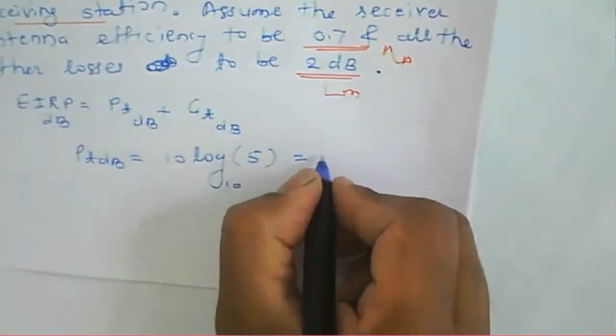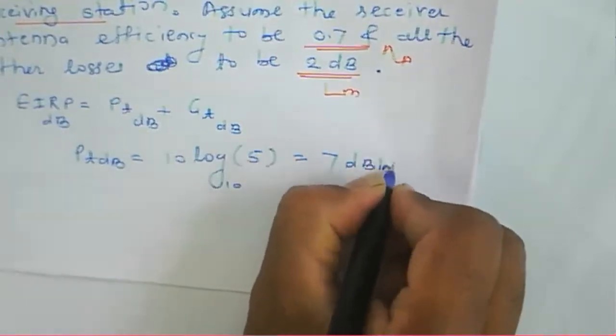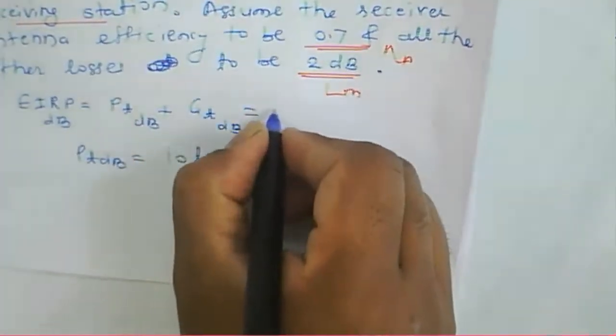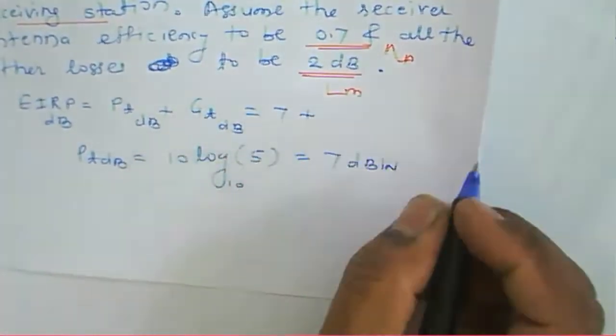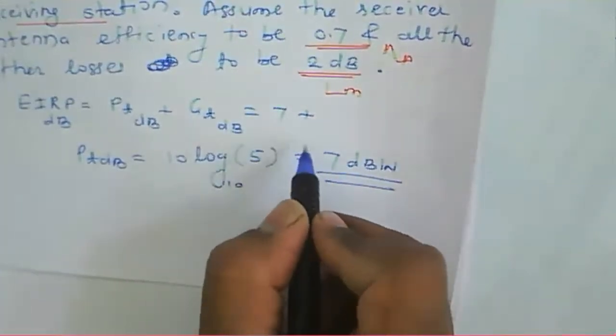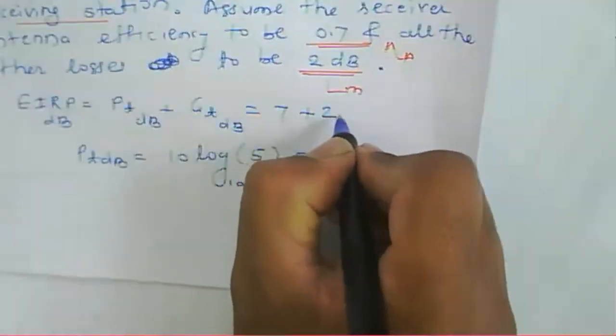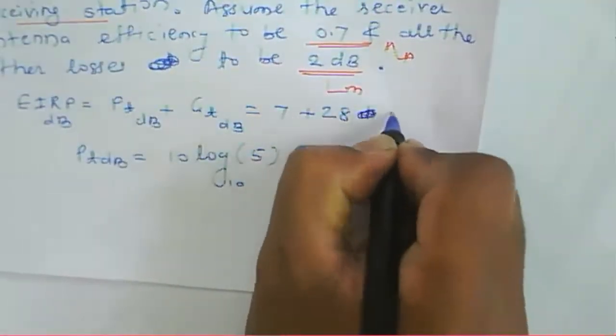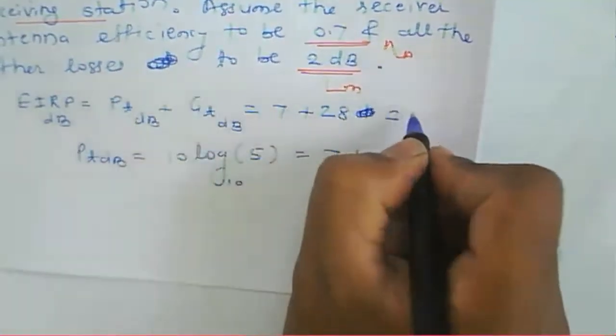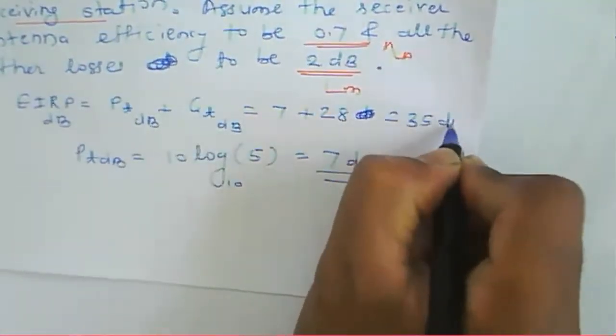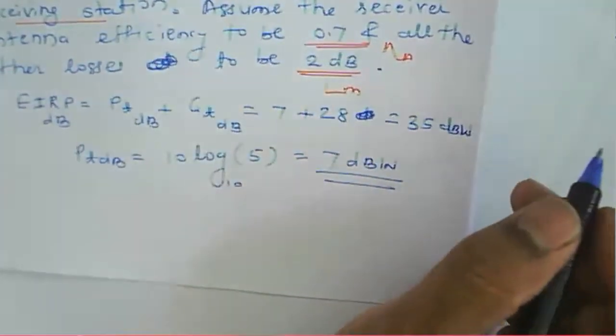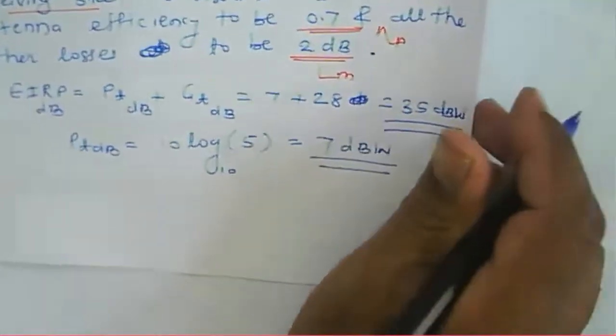So you'll get the answer of 7 dBW. Put that 7 plus the gain of 28 dB, so 28 plus 7 is about 35 dBW. That is the answer, that is the EIRP.